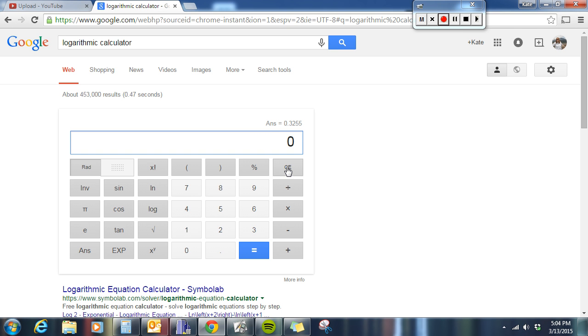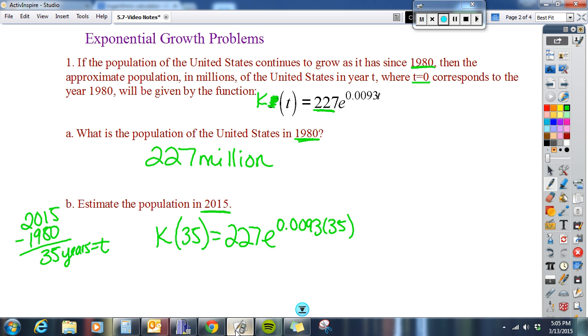Evaluating my whole function now, I have 227 times e raised to what we just calculated, 0.3255, because that's what we had in our exponent. And you get about 314.3, which is the population after 35 years in 2015. So my k value, or my population, I changed it to k, but I confused p, is 314.3 million.